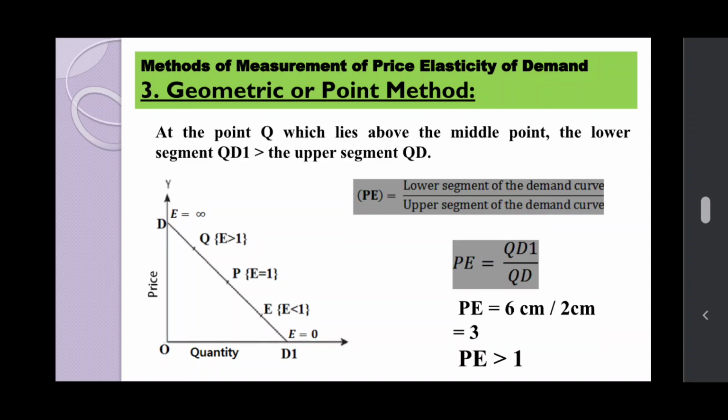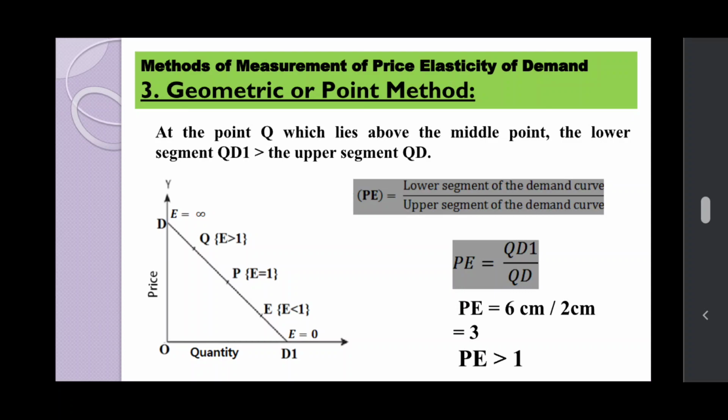In the same way, we may calculate elasticity at point Q, which lies above the middle point, and we know the formula is price elasticity is equal to lower segment of the demand curve upon upper segment of the demand curve, and the lower segment of the demand curve is QD and upper segment of the demand curve is QD1.